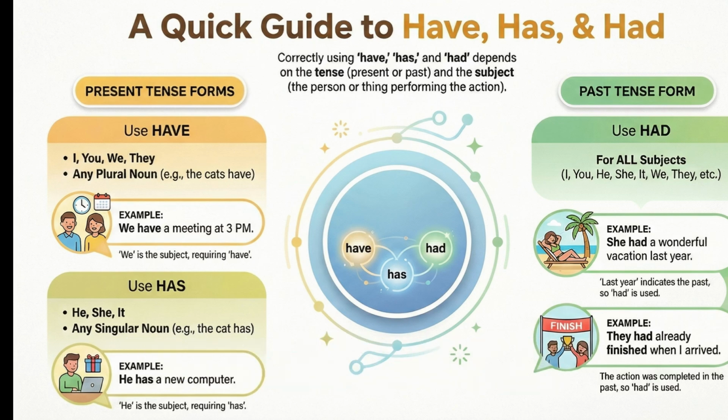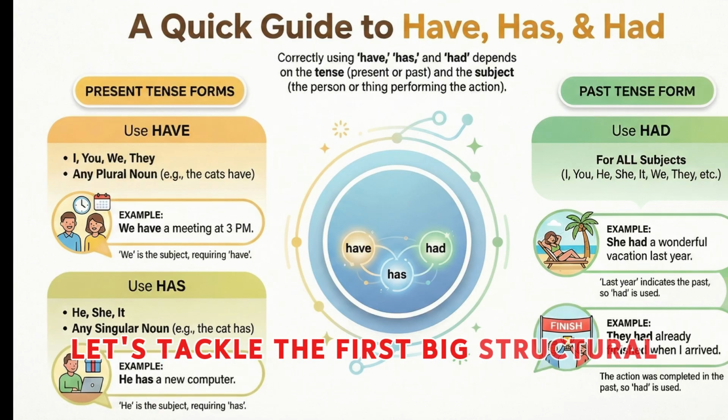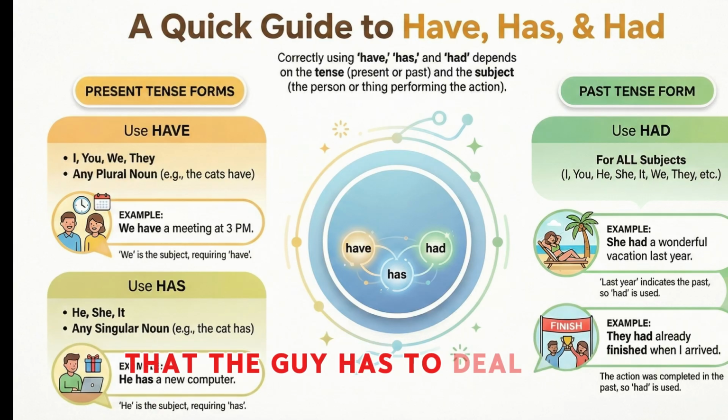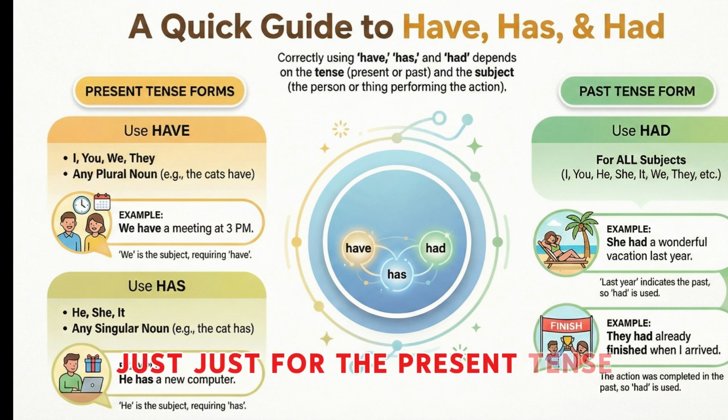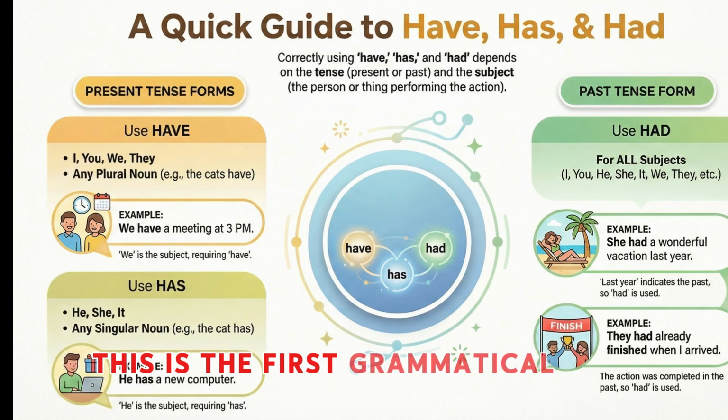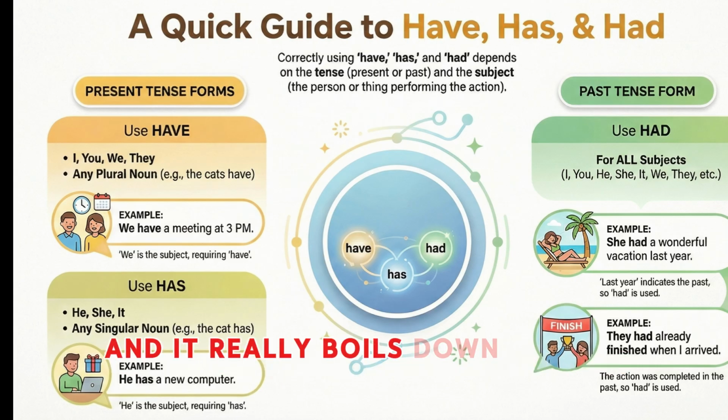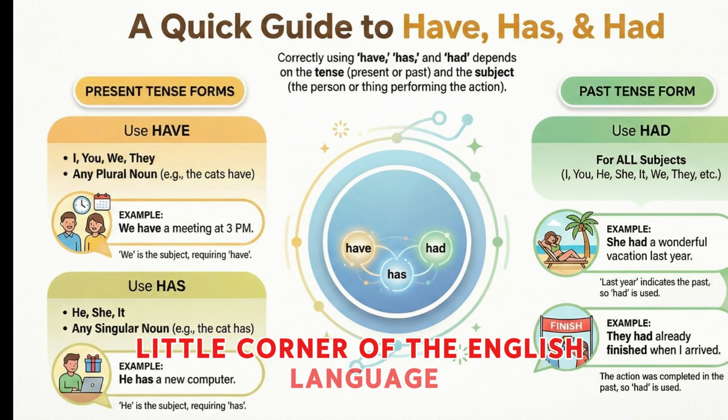Precisely. Okay, so let's tackle the first big structural hurdle that the guide has to deal with, and that's person. Why do we even need two forms, have and has, just for the present tense? This is the first grammatical trap, and it really boils down to one quirky little corner of the English language. Which is?